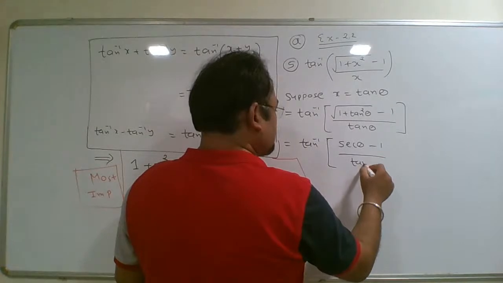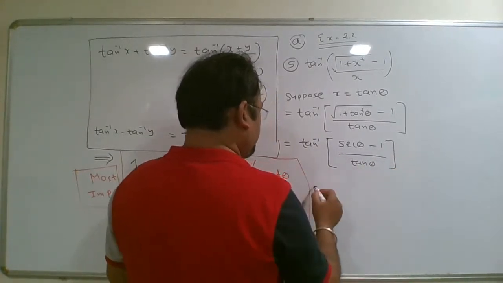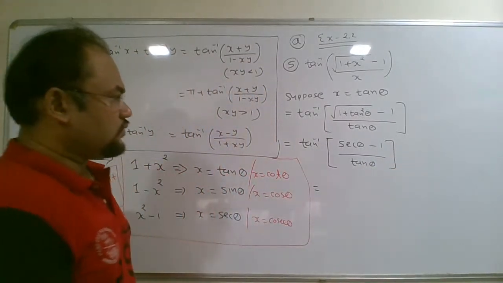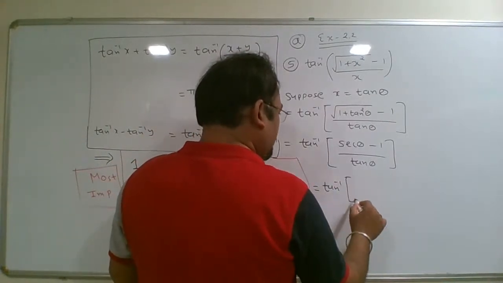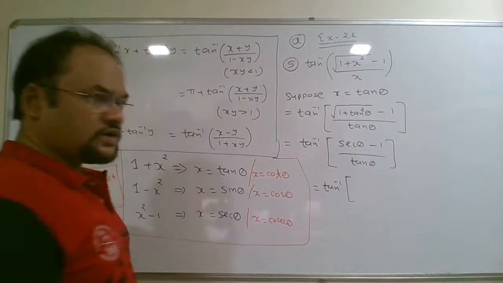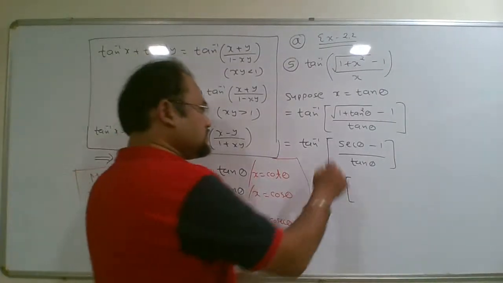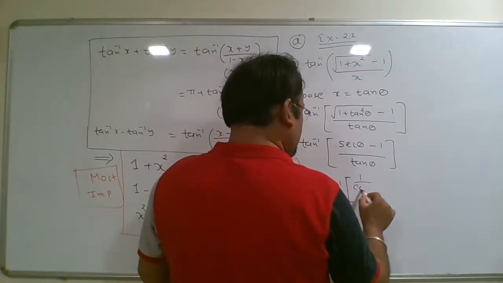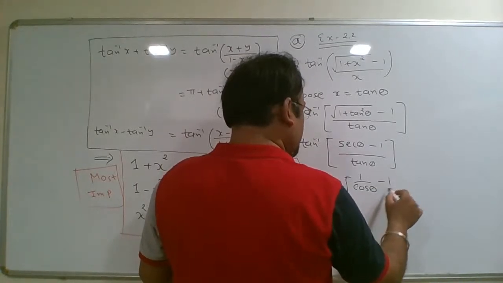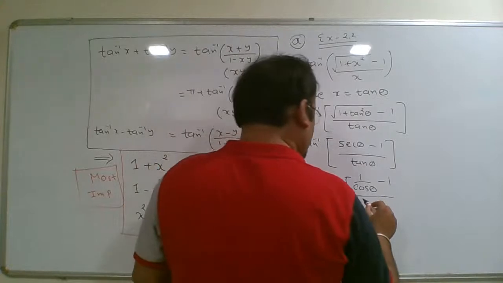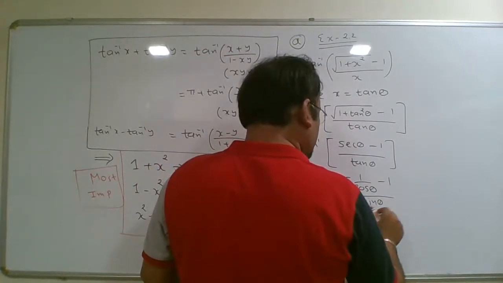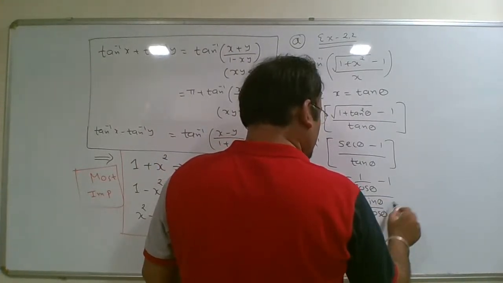So sec theta minus 1 upon tan theta. Now it is tan inverse. Simplify this, means converting in sine cos form. So sec theta equals 1 upon cos theta, minus 1, whole divided by tan theta. Tan theta equals sine theta upon cos theta.